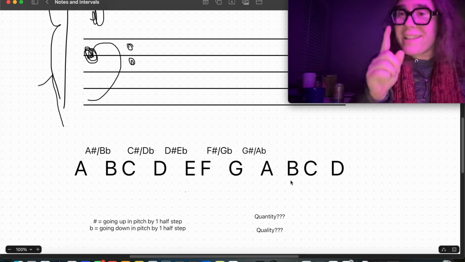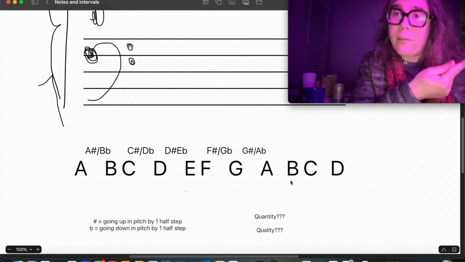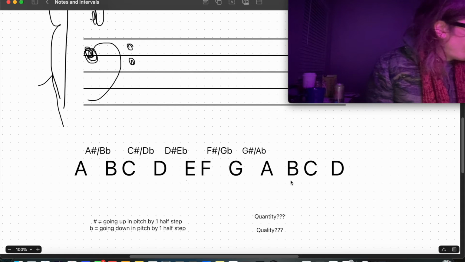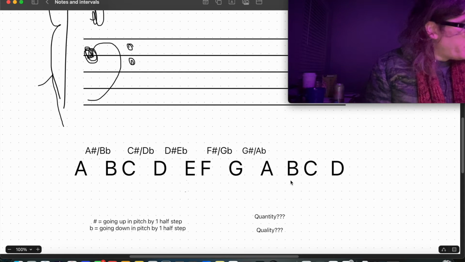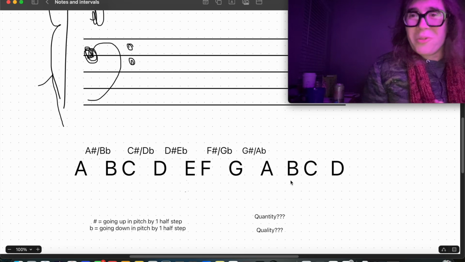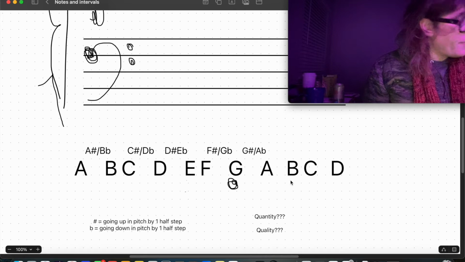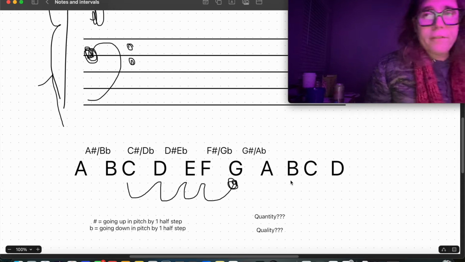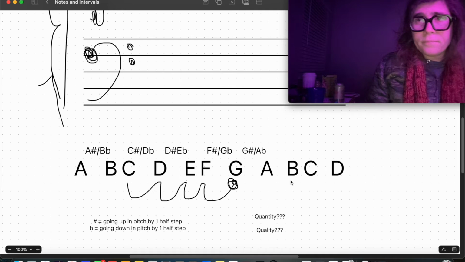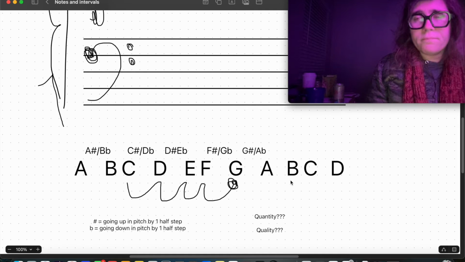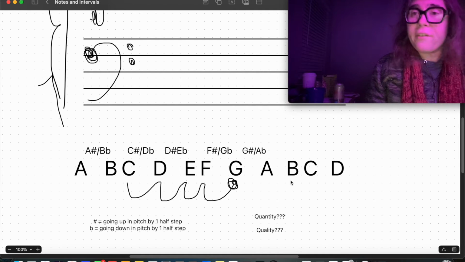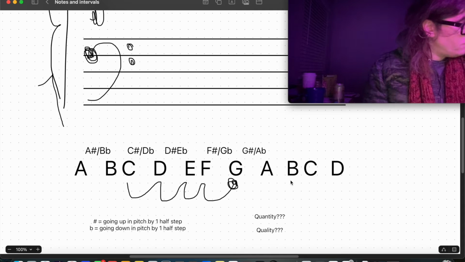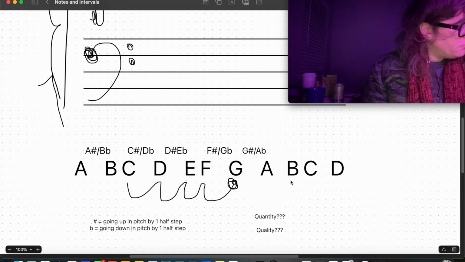Now when I say down, I mean going backwards in the alphabet, right? So G down to C. I'm going to start on G, and this time I'm going to count. Let's do it together. G, that's 1, 2, 3, 4, 5. That's a fifth. No problem.